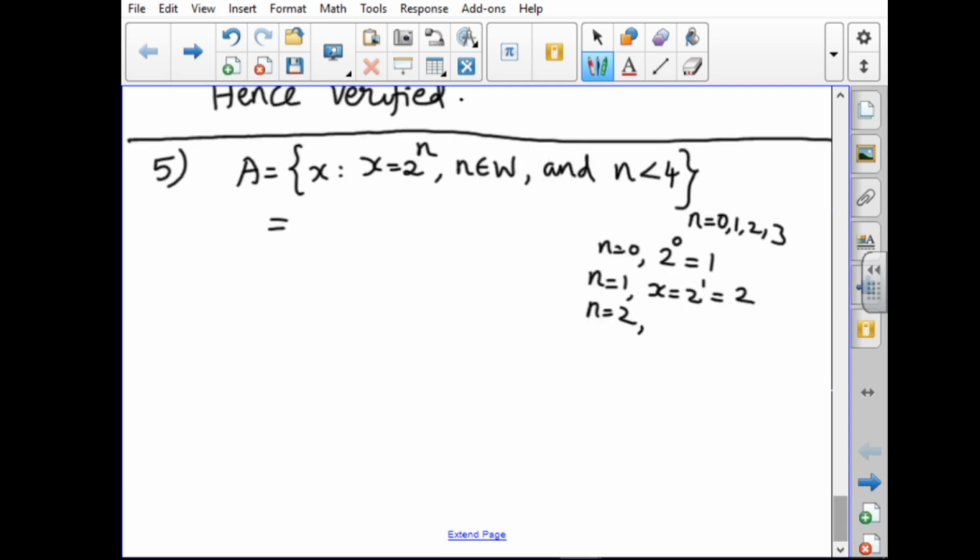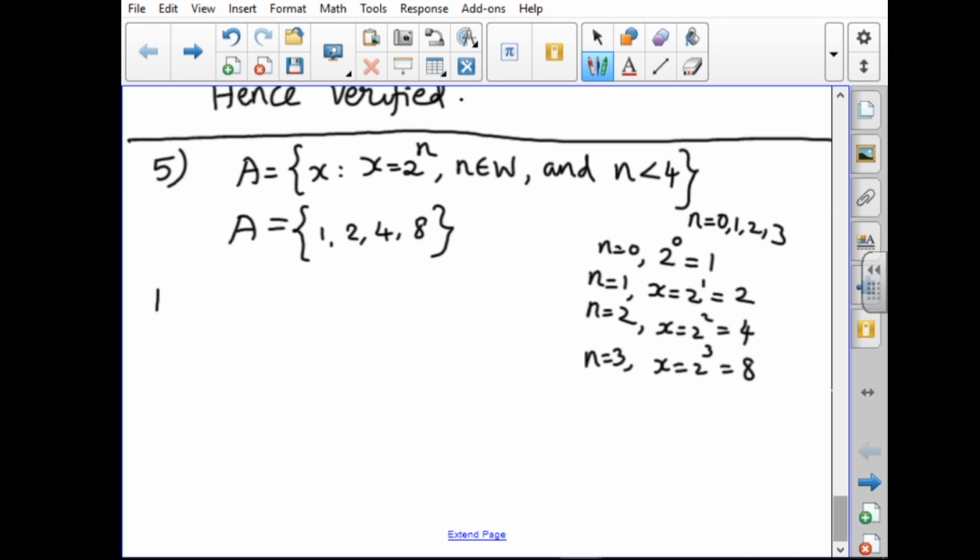If n is equal to 2, x is equal to 2 power 2, that is 4. Then n is equal to 3, x is equal to 2 power 3, that is 8. So that's all. N equal to 4 is not included because n is less than 4, so you should not take the value 4. So what are the values possible for the A set? 1, 2, 4, 8. This is the set A.